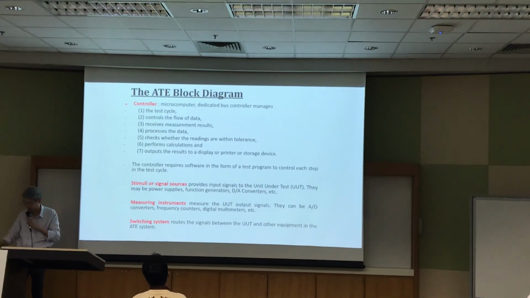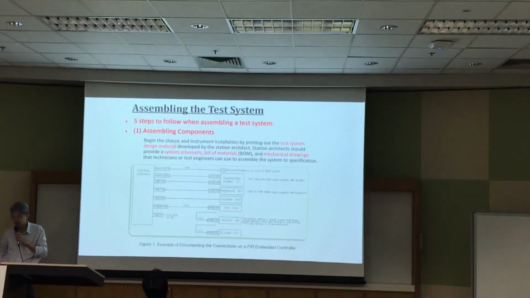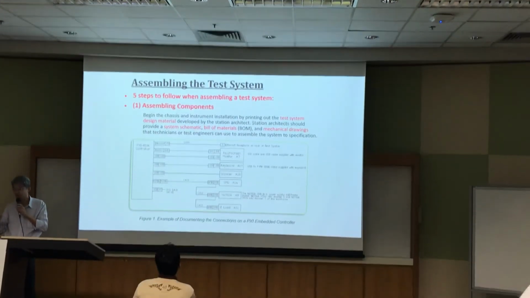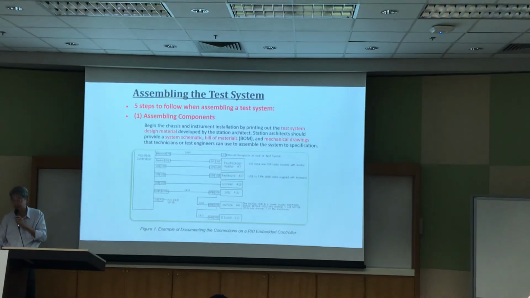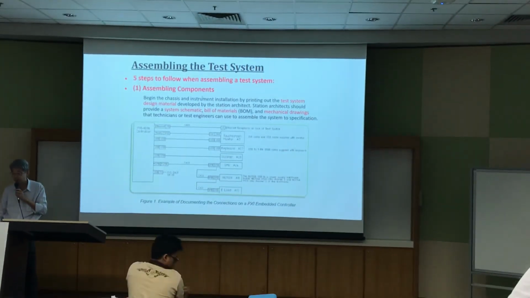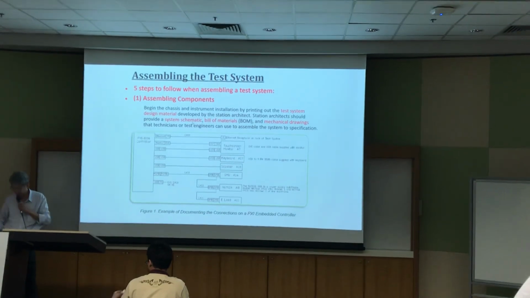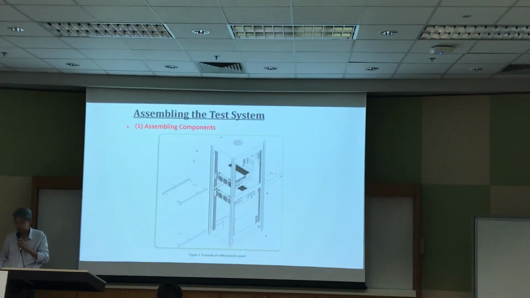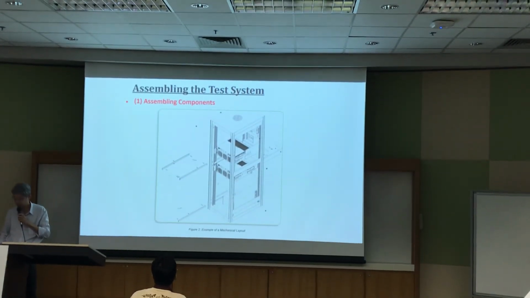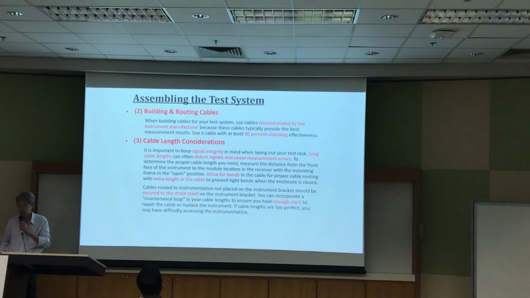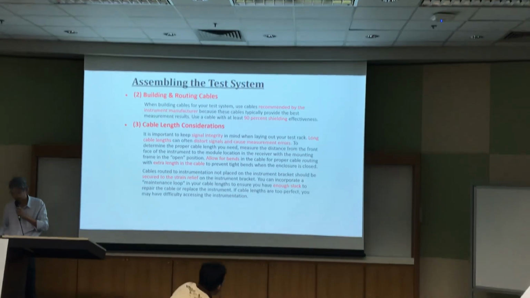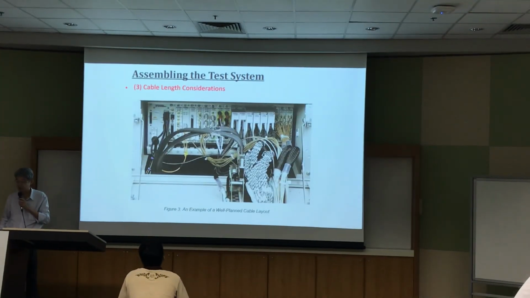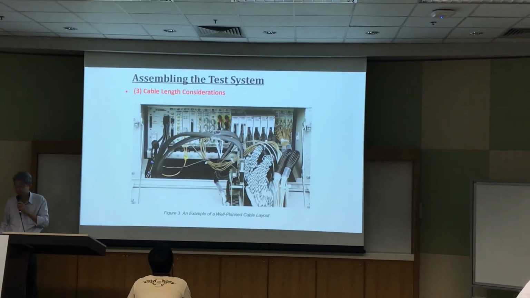These just explain what I just said, you can read that. The 5 things that you need to take note when you assemble the test system are all listed here. Assembling the components based on the schematic, including the mechanical structure, the building of and also routing of the cables, the cable length, all these cables, okay?